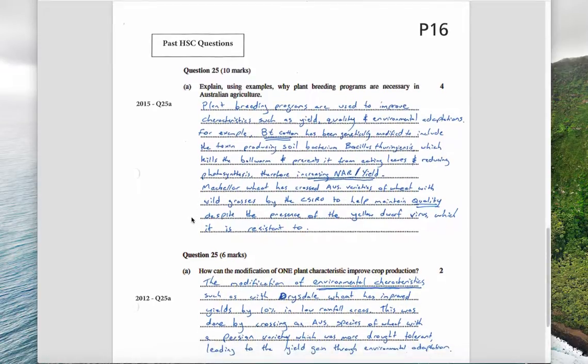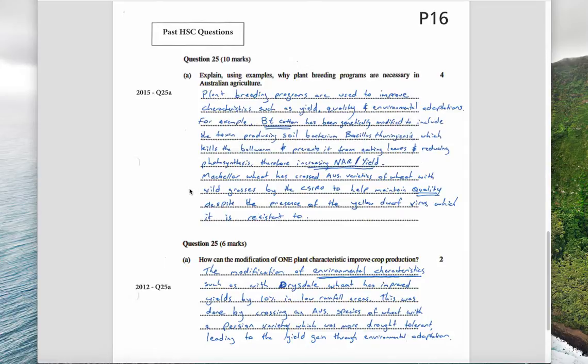McKellar wheat has crossed Australian varieties of wheat with wild grasses by the CSIRO to help maintain quality. So this is the key thing here, despite the presence of yellow dwarf virus, which it is resistant to. So I've given two examples, and I've shown why we need plant breeding. Not how it's done, but why it's needed.